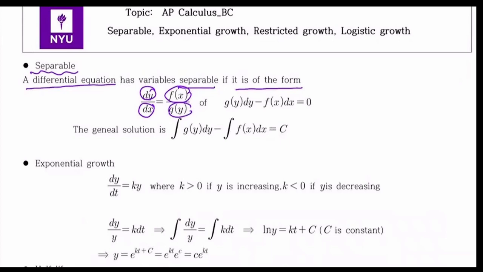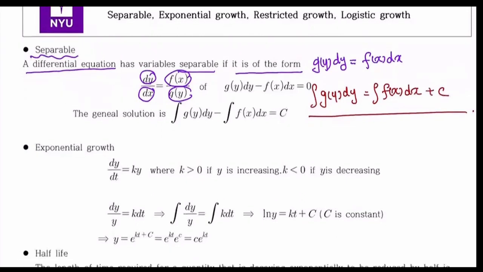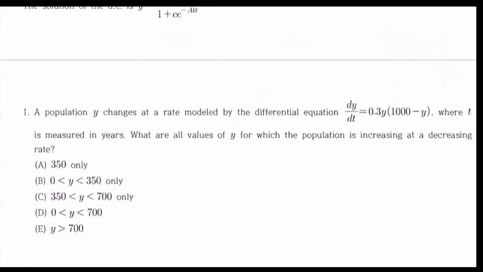You should separate variables respectively, so g(y) dy equals f(x) dx, and integrate on both sides: integral g(y) dy equals integral f(x) dx plus c. By using this step, let's solve the problem.